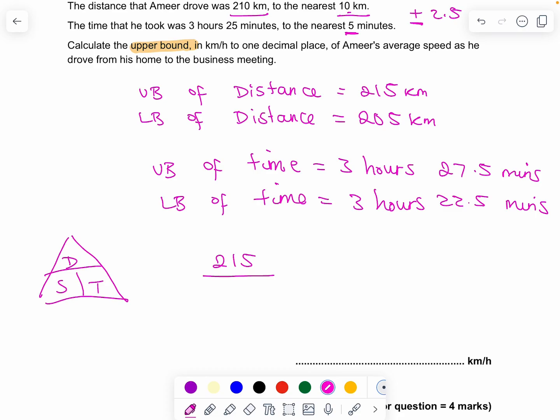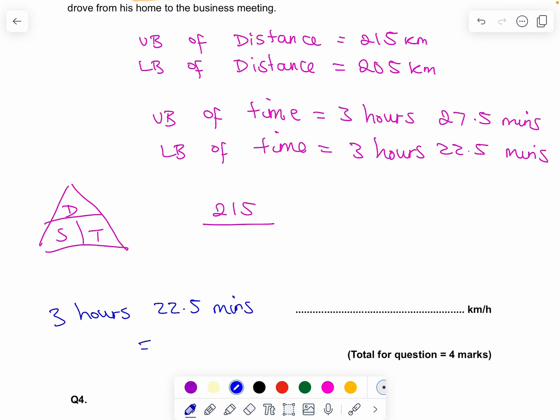Now, I'm going to turn my time into hours. I'll just do it over here in the corner, 3 hours and 22.5 minutes into hours. Now I know it's 3 point something, and then to turn the 22.5 minutes into hours, I'm going to do 22.5 divided by 60.